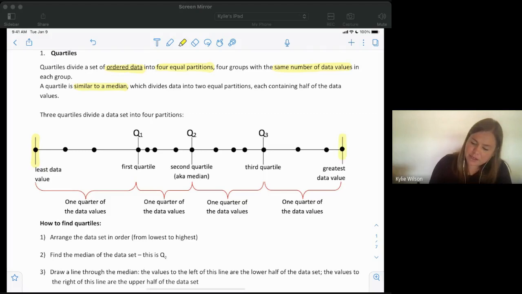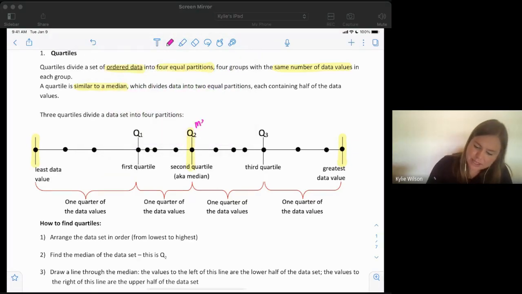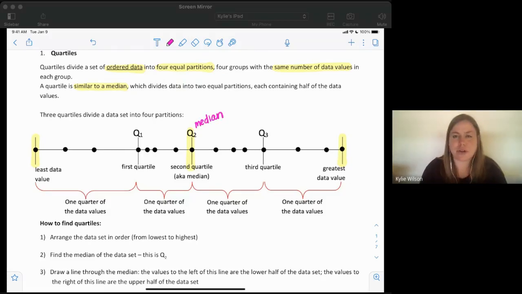I have my largest data value over here on the right. Now, right in the middle, we have our second quartile. And this here is just our median, just like our normal median that we've talked about for a really long time. That's our median, but we can also refer to it as the second quartile. It actually means the same thing.